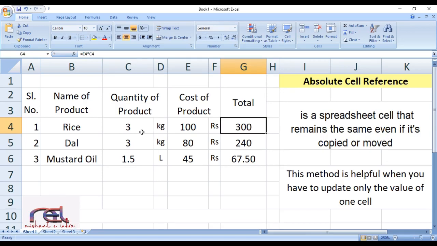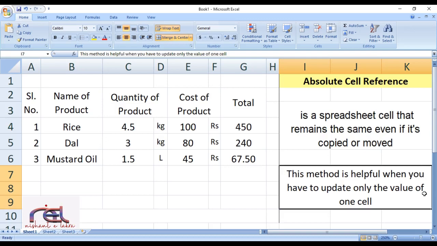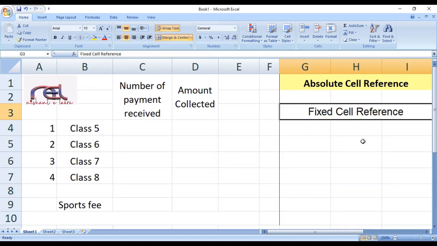The total will automatically change, and let's say 4.5 kilogram is bought, and 4.5 or the cell C4 is multiplied with E4, so automatically the values present in G4 will change. Okay, so this is absolute cell reference, and this method is quite helpful when we have to update.